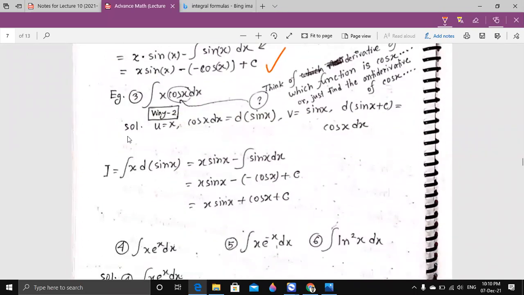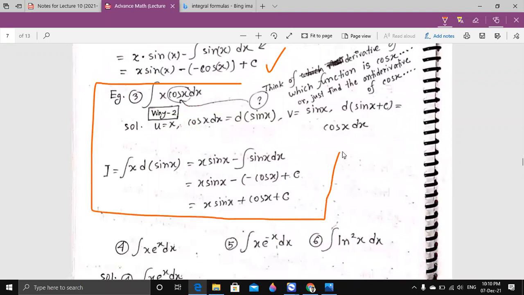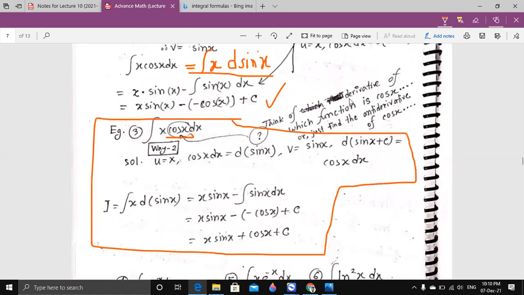I just told you about this way, okay? As I explained above. You have to think about what the value will be here. You have to think of the derivative of which function is cos x, or you can also just find the antiderivative of cos x.